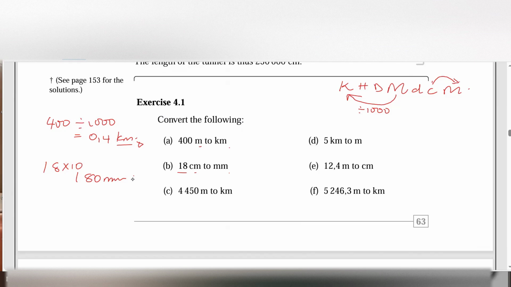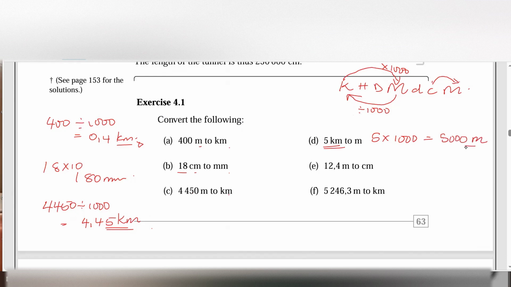And then when you look at part C, from meters to kilometers, just the same as the first one, you're going to get 4450 divided by 1,000, which is 4.45 kilometers. And then part D, 5 kilometers to meters. From a kilometer to meter, we multiply by 1,000. So that's 5 times 1,000, which becomes 5,000 meters.